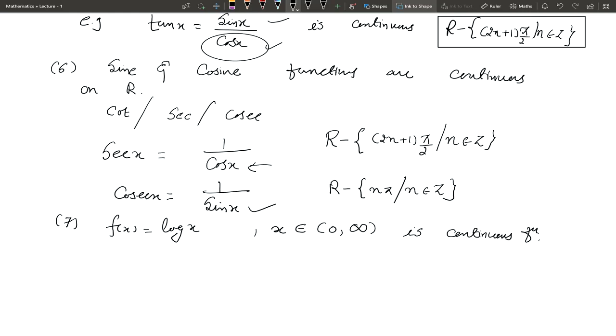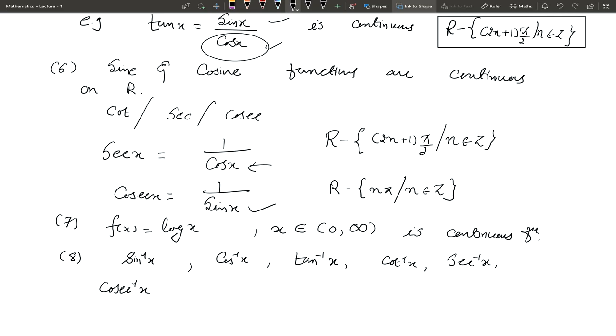All the 6 inverse trigonometric functions: sine inverse x, cos inverse x, tan inverse x, cot inverse x, sec inverse x, and cosec inverse x.